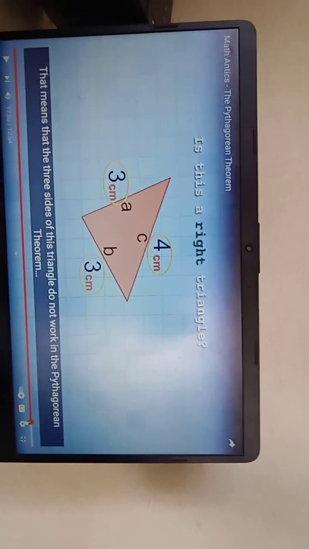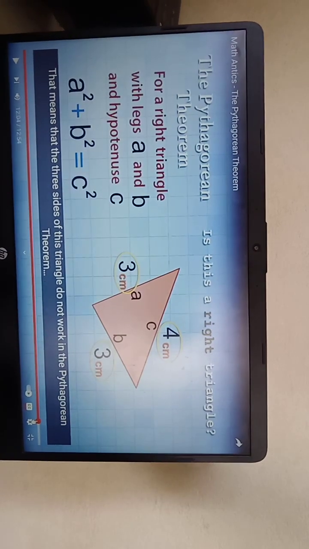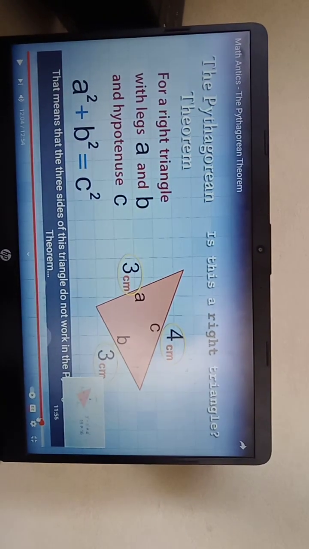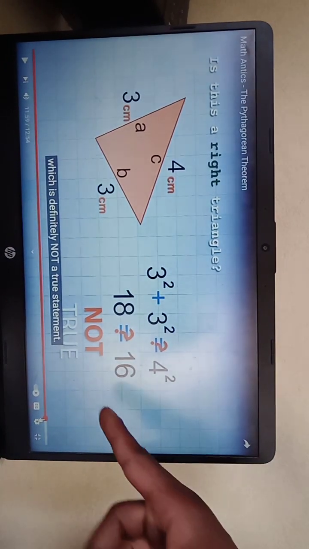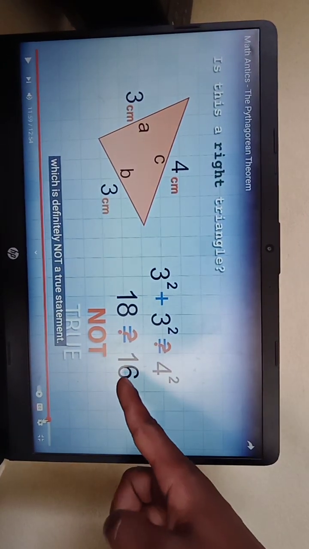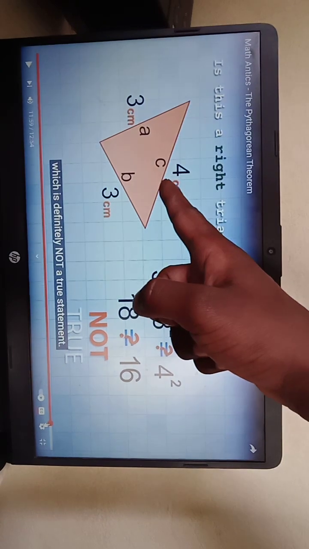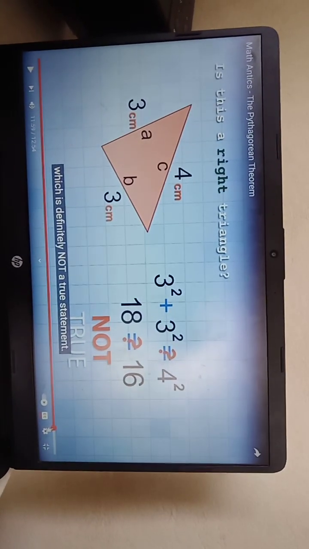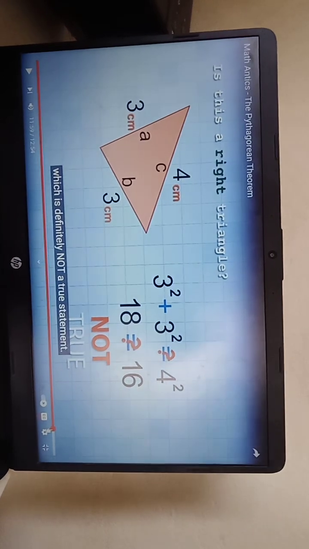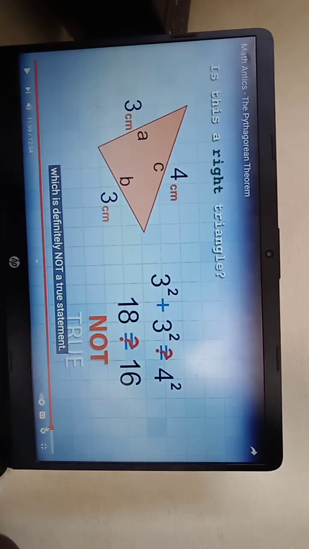You see here, you have calculated. Oh no, I can't find it correctly. Let me try. Okay, you see, this side is not equal to the hypotenuse. So this is totally indicating that this is not a right angle triangle. So we're going to carry on.